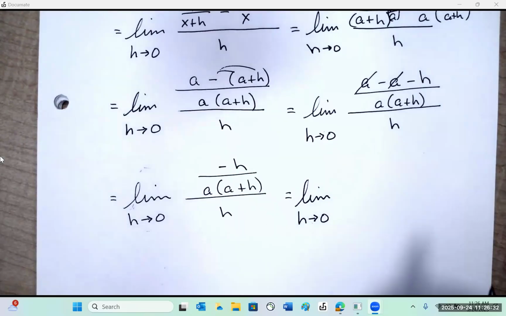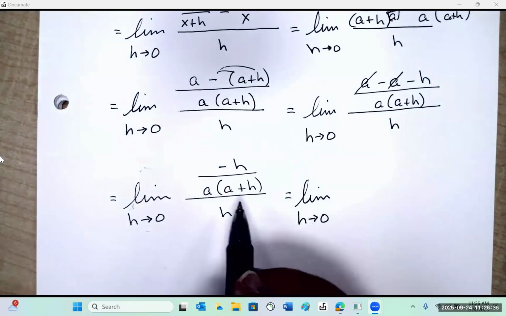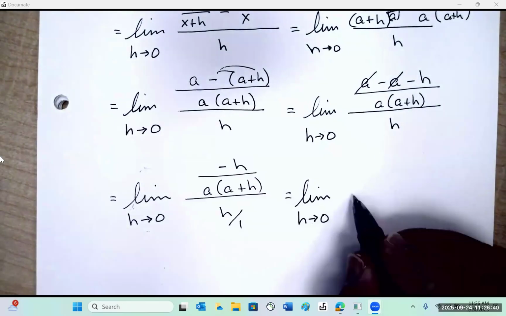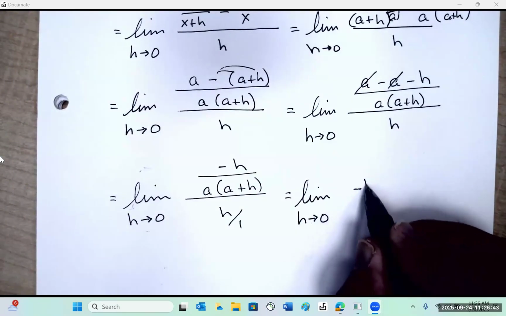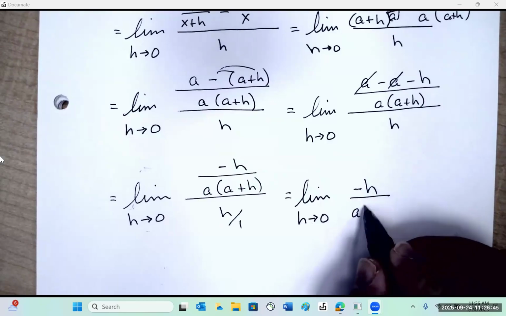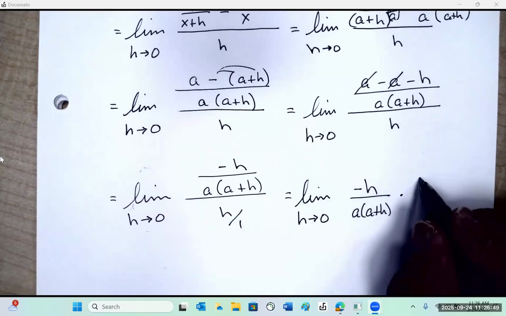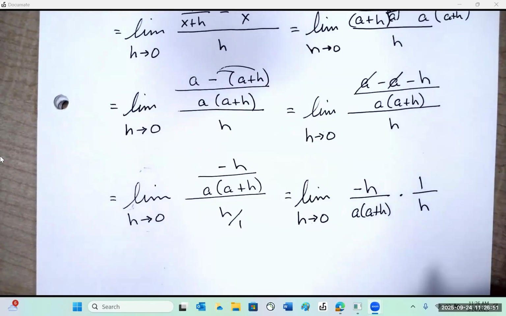H approaches 0. Now we have a compound fraction, so what do we do there? It's a fraction over a fraction. Take the top fraction, leave it alone, and flip the bottom, multiply by the reciprocal of the bottom.